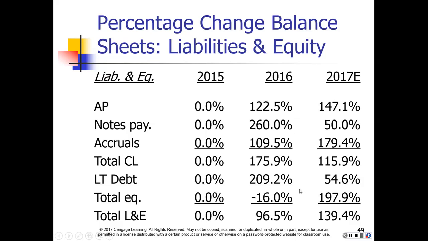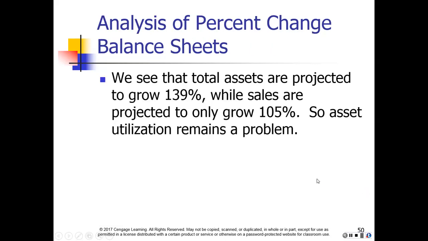Long-term debt growth, again, is going to be much smaller than in 2016, because we have issued some shares of stock and used equity to pay off debt. That's the recapitalization. So total equity goes up by 197%, and that's part of the recapitalization plan.